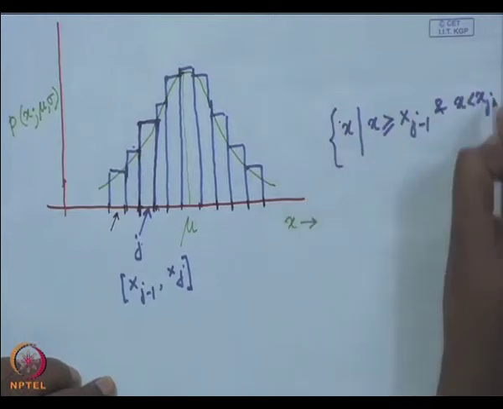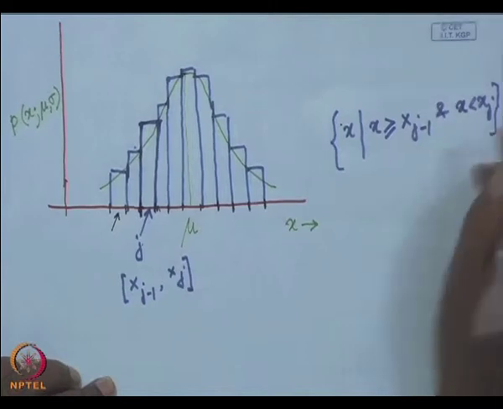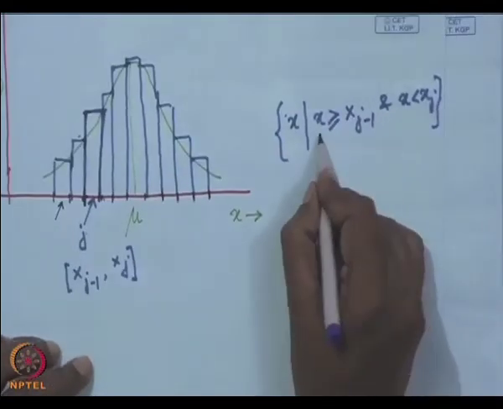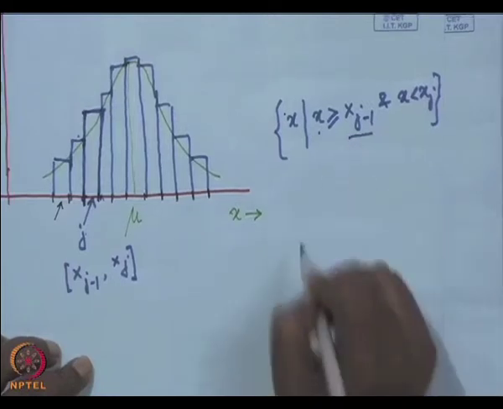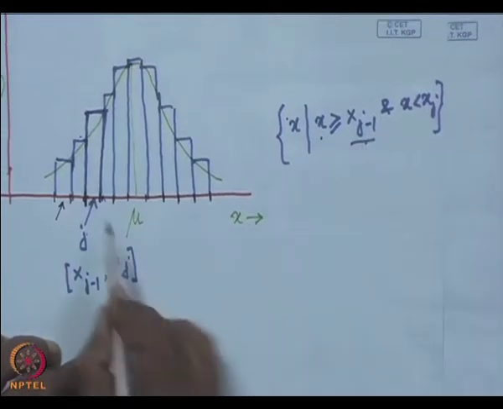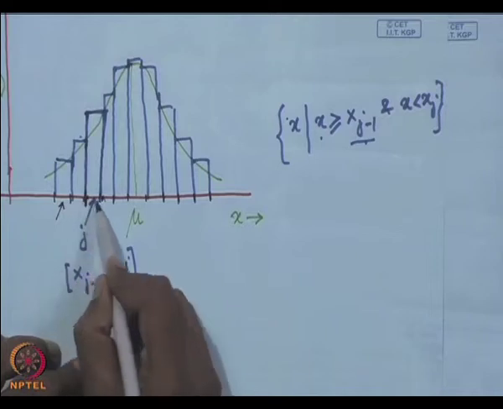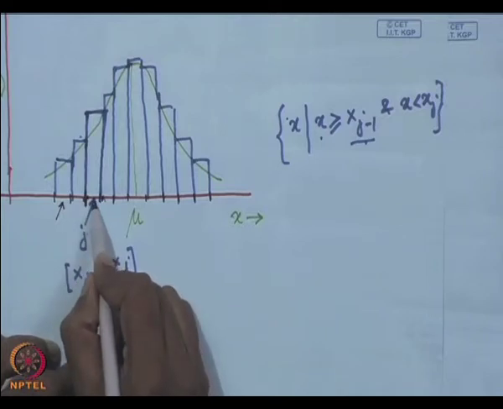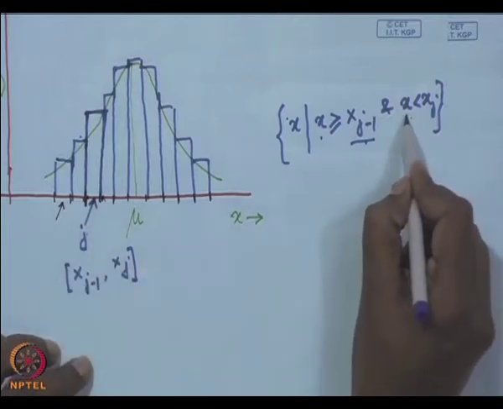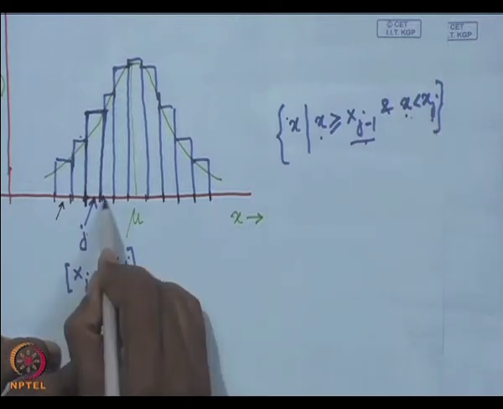I take the set of all such samples, where x j minus 1 is the left boundary of this jth interval, and x j is the right boundary of this interval.